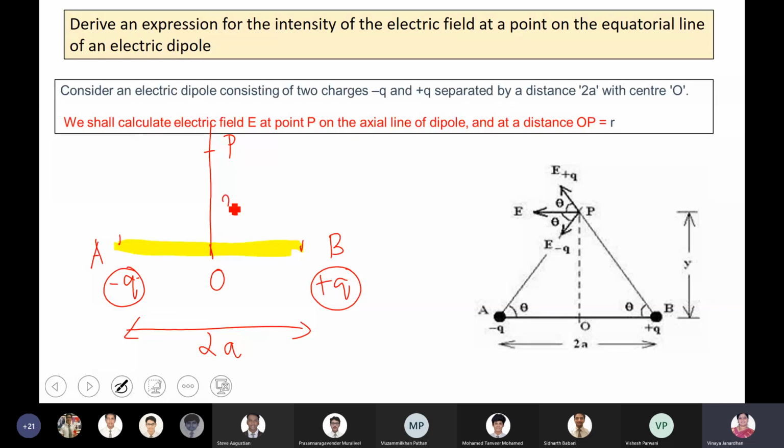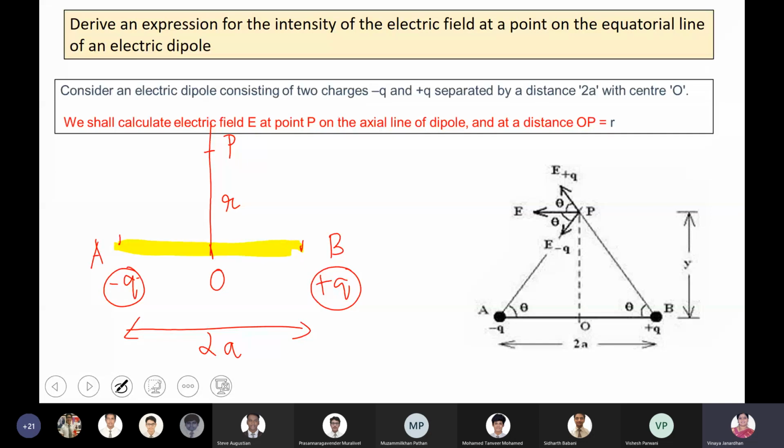Now, the distance between the center of the dipole and the point P, where you want to find the strength of the electric field due to the entire dipole. This point is lying along the equatorial plane, a plane which is perpendicular to the axis of the dipole.